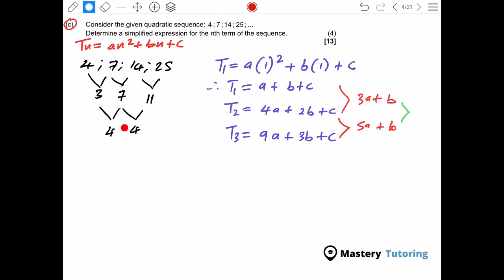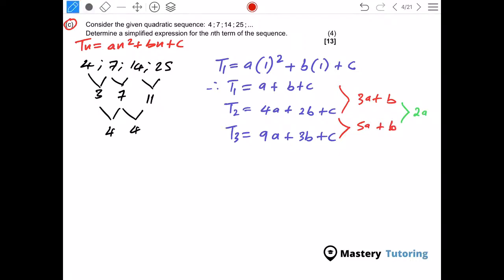So we're going to say 5A minus 3A, which is 2A, and then B minus B is 0.